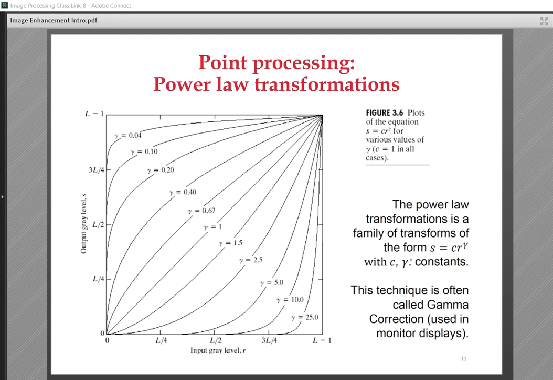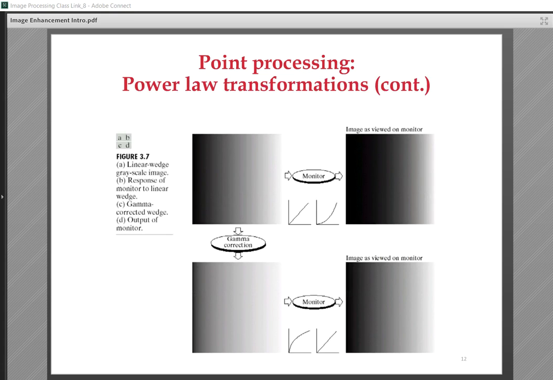But, for example, if gamma is 0, R powered by 0 is 1. Each number powered by 0 is 1. C is 1, so S is 1. If gamma is 0, S is 1, full range. And increasing gamma, you change to this curve.